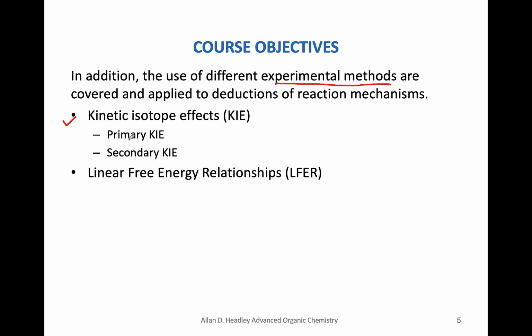As you may recall, isotopes are atoms that have the same number of electrons and protons, but different number of neutrons. But we'll use them as part of experimental methods to help us understand a reaction mechanism.